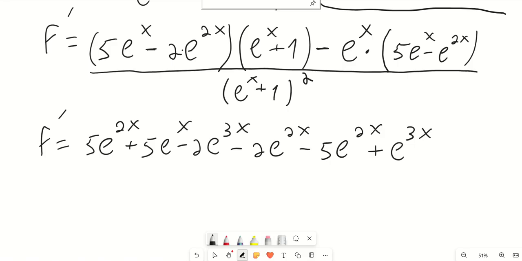Yeah, so I also remind you, when we have e to the power of x times e to the power of 2x, we simply have to add the exponents. So it will be e to the power of 3x. And this is just a short reminder.